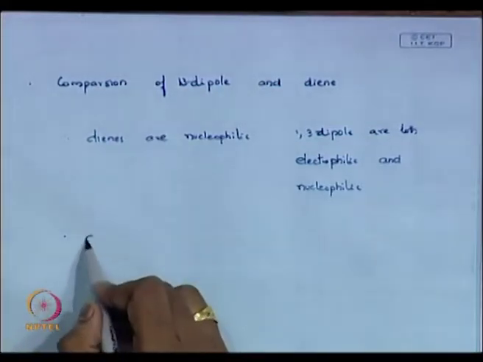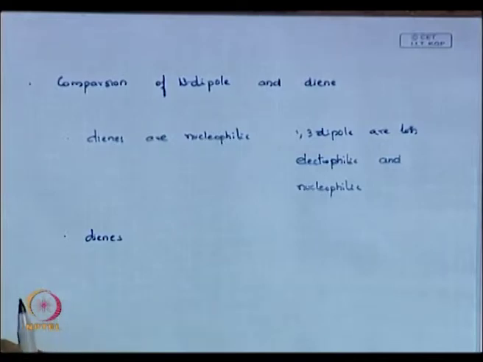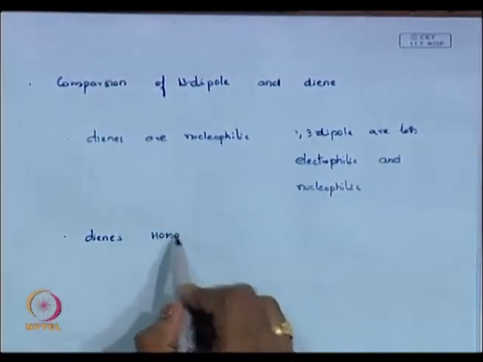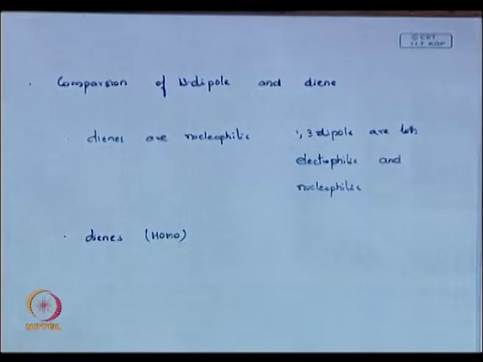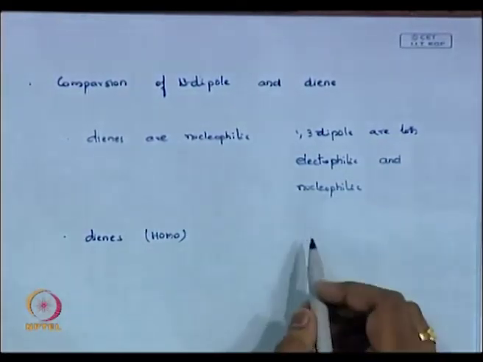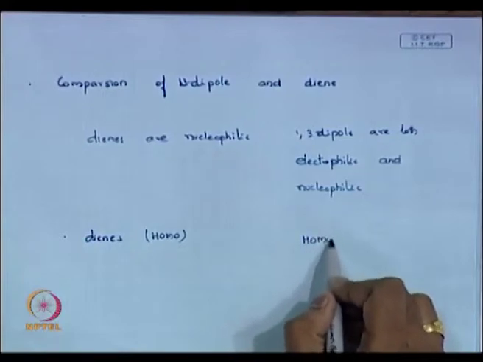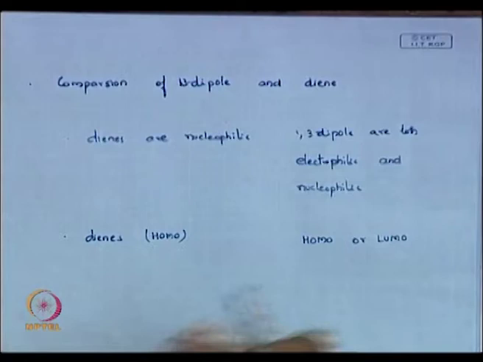See, normally if you take dienes in Diels-Alder reactions, what do they use mostly, HOMO or LUMO? Normally dienes will be using the HOMO for the reactions. The other way, inverse electron demand, you have seen, where you can use the LUMO of your diene, but otherwise dienes use mostly the HOMO. Similarly, the 1,3-dipole can use the HOMO or the LUMO depending upon your dipolarophile.